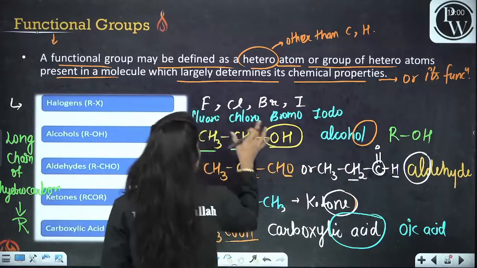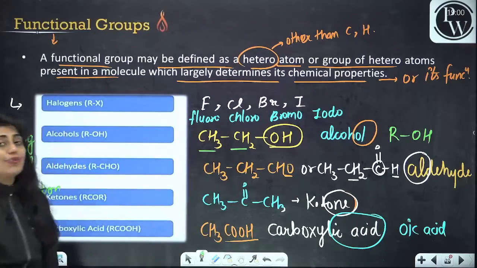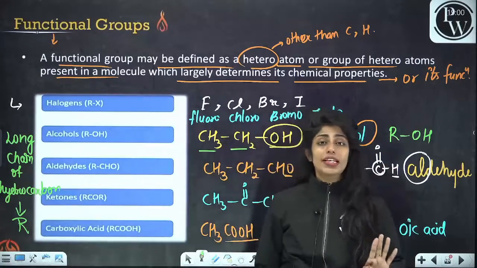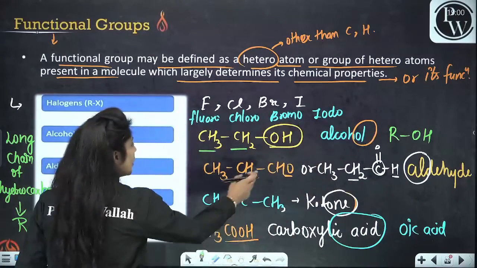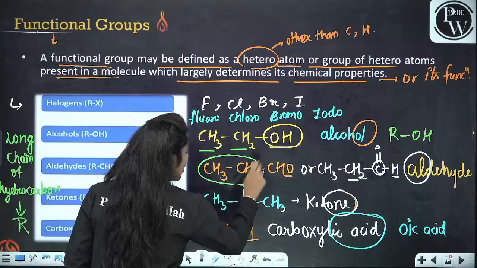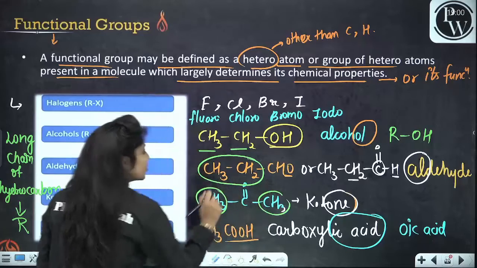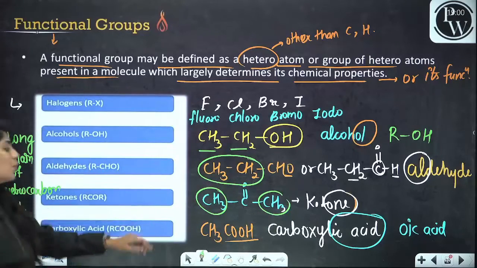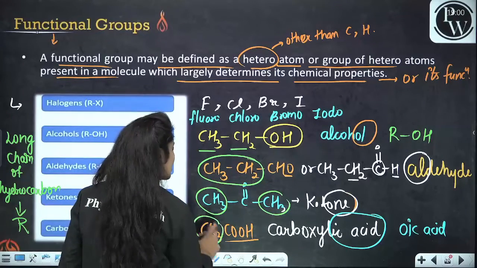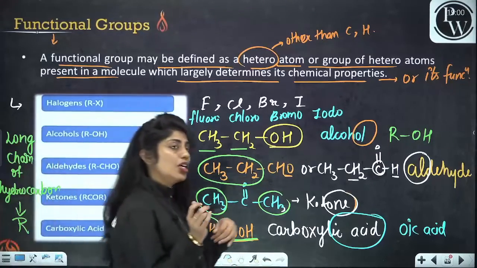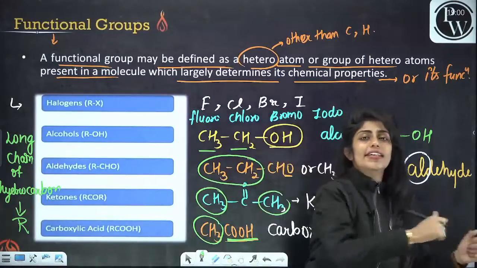CH3, CH2 all together I have written as R. R means there is some hydrocarbon, carbon and hydrogen only. If I want to write this, this will be R, not this. Then if I want to write this, I will write this R only, not this, because carbon is attached to the oxygen and then hydrogen.